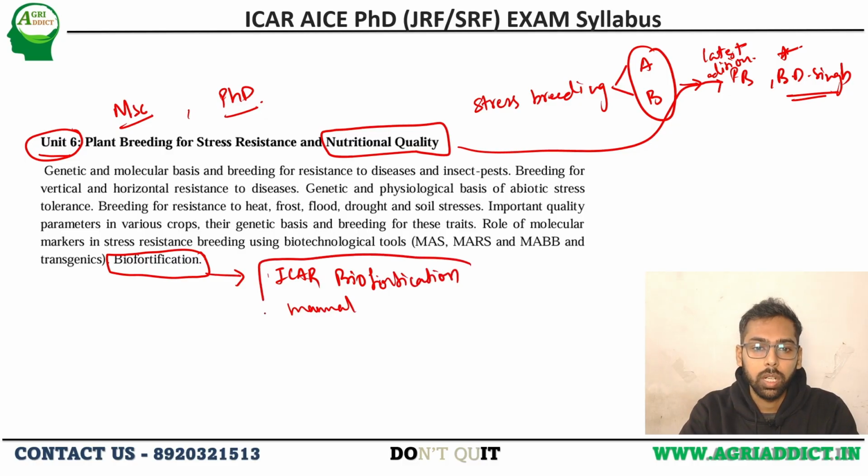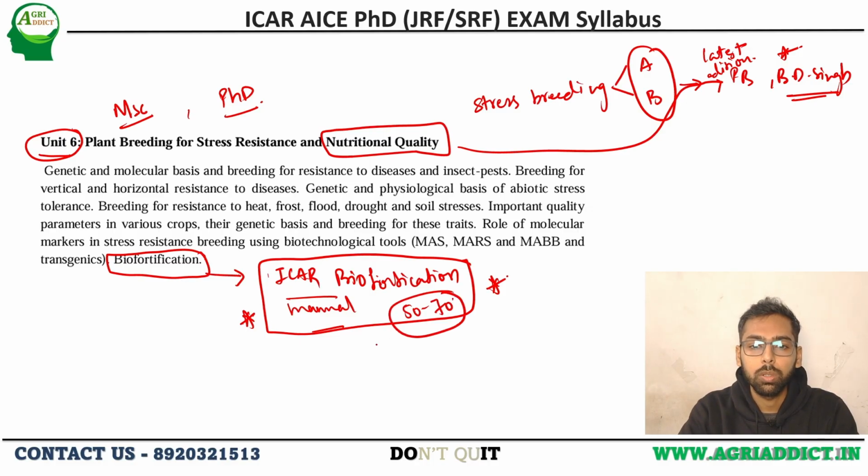This is very important, which helps you to get crisp information. This book is just 70 pages, which helps you to know about the different crops which have been biofortified and the current status of biofortification in India, since this is released by ICAR.